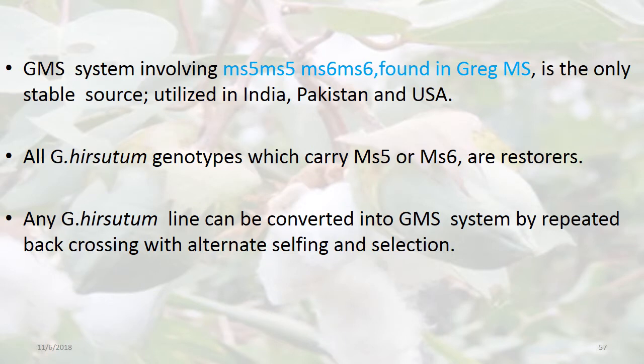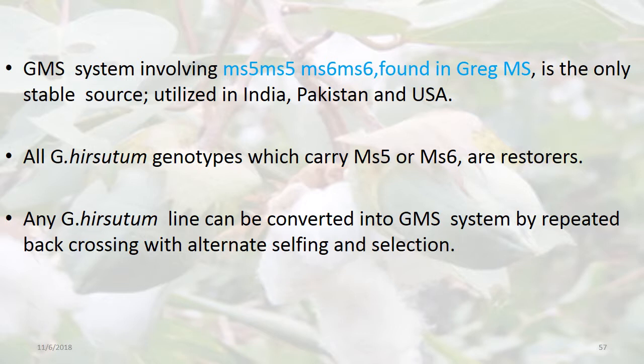The GMS system involving MS5 MS5 MS6 MS6 found in Gregg is the only stable source utilized in India, Pakistan and USA. All Gossypium hirsutum genotypes which carry MS5 or MS6 are restorers.